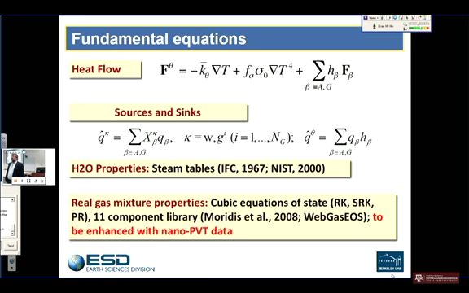So this is possible. However, in that case, the thermodynamic property, mainly the enthalpy, is not very accurate.